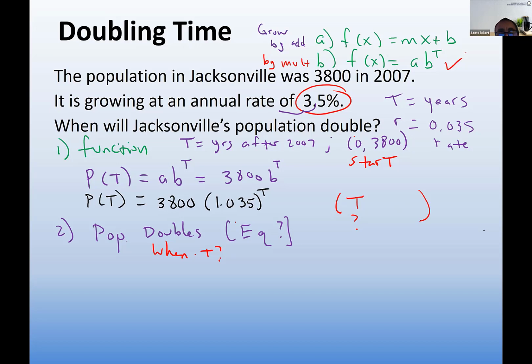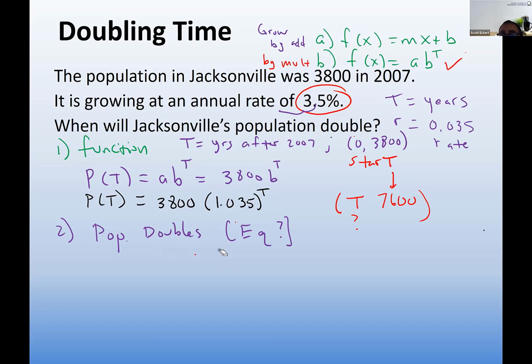So if it's going to double, how many people is that? 7,600. Yep, 7,600. This is the double population. So all we have to do is take the population and times by 2. And now we know the number.